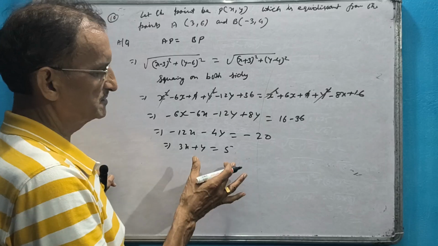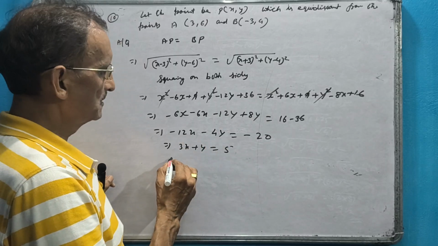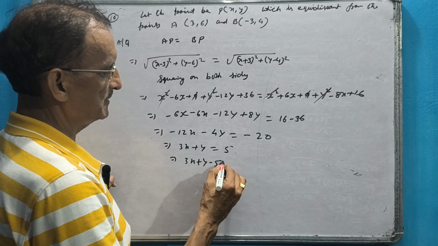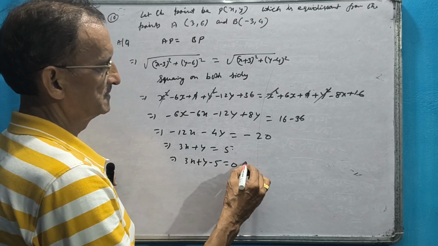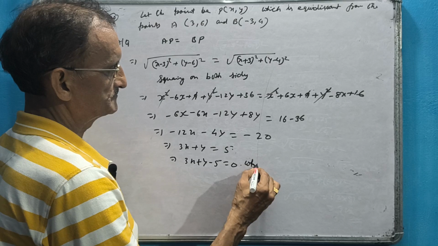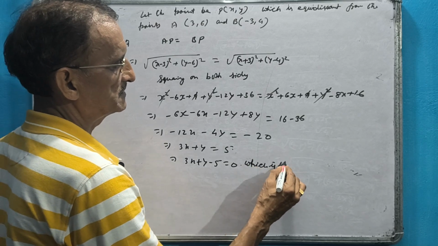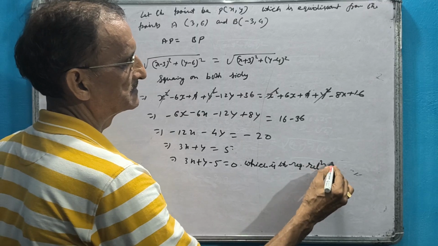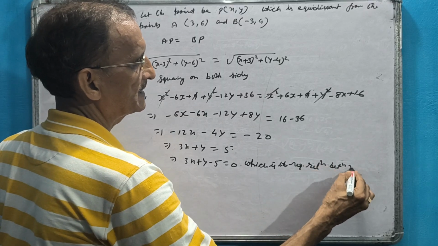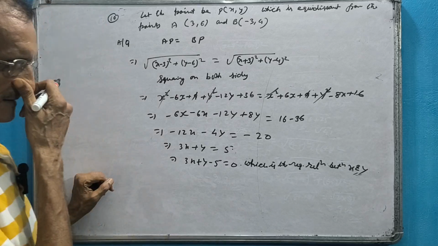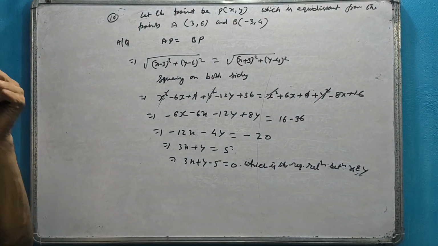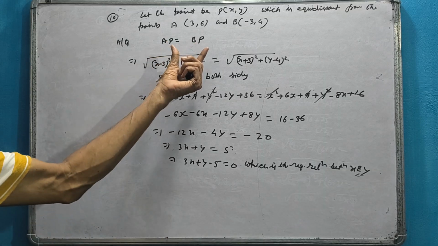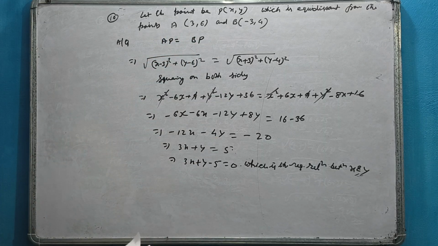You can't do anything more. The question is to find the relation between x and y, or you can write 3x plus y minus 5 equals 0. Easy only, distance formula, AP and BP are equal, given.